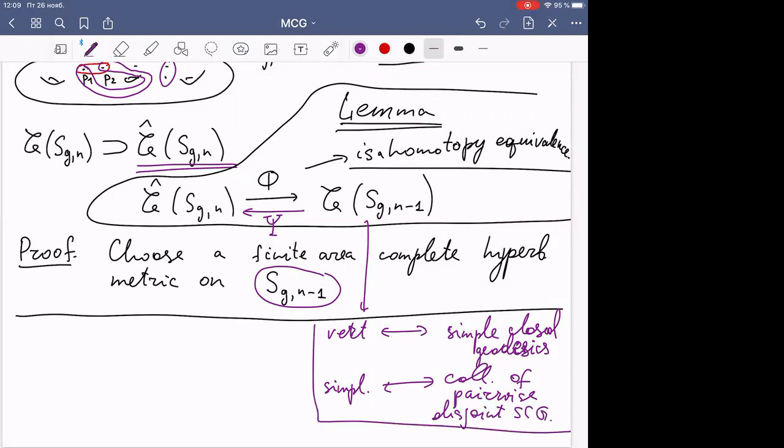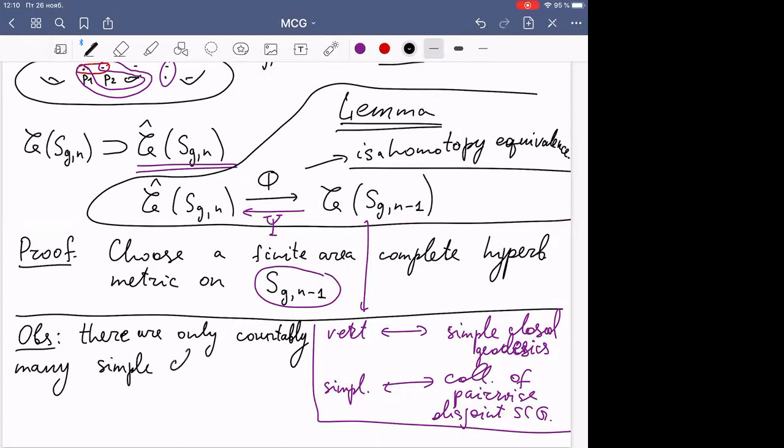And now the observation that there are only countably many simple closed geodesics on this surface. This is a simple observation.